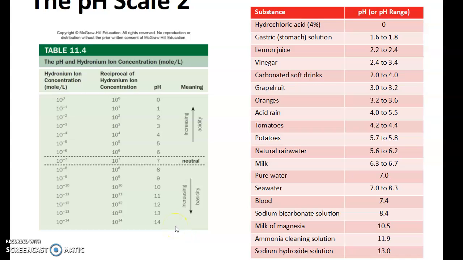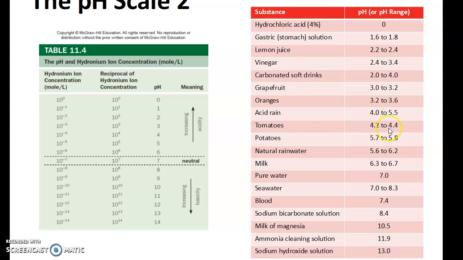Okay. So hydrochloric acid, your stomach, that's 0, 4% of that. 1.6 to 1.8. Lemon juice, vinegar, carbonated soft drinks, grapefruit. That's why if you drink too many of those carbonated soft drinks, you can have acid problems in your stomach. Acid rain, tomatoes.